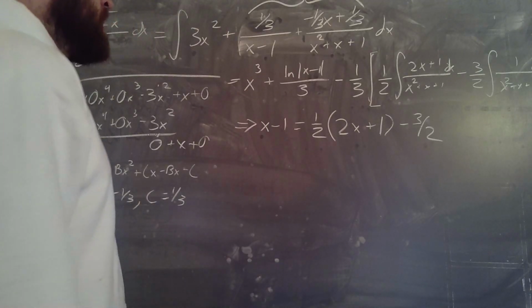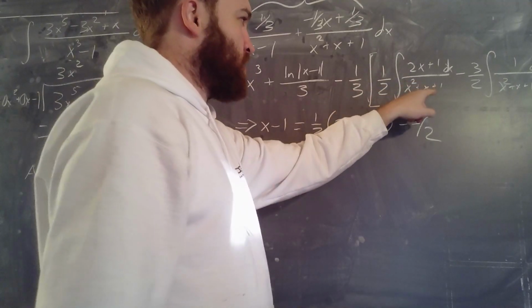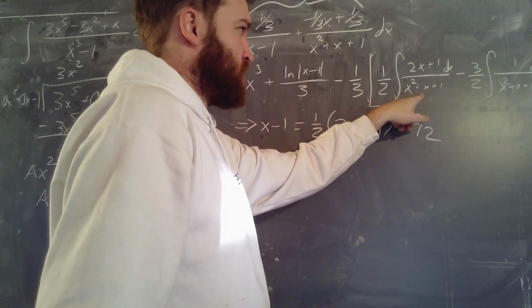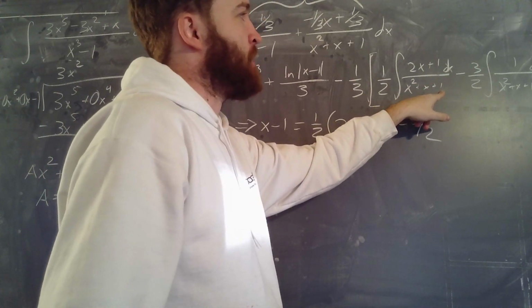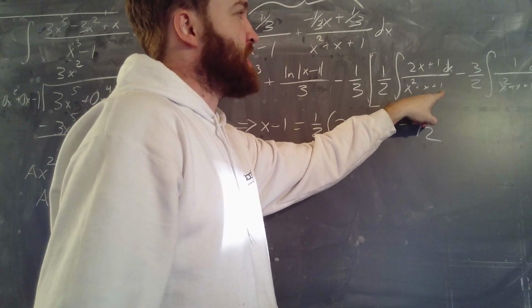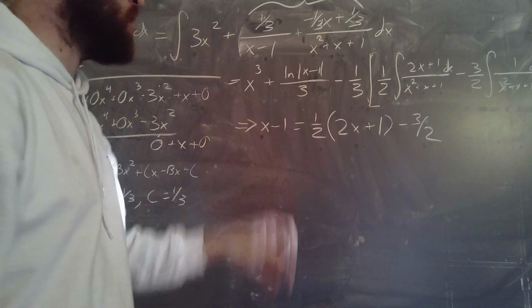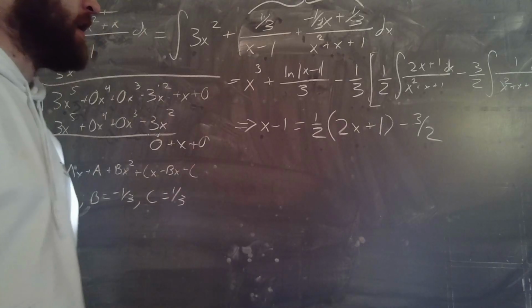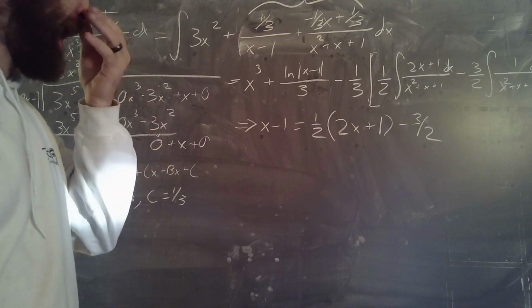Okay. So that's really nice because now this integral is actually pretty trivial. We can just choose u to be x squared plus x plus 1, and that makes it 1 over u. That makes du 2x plus 1 dx, which is precisely the top. So that's just du over u, which is the natural logarithm integral. So I have 1/3 and a half there.